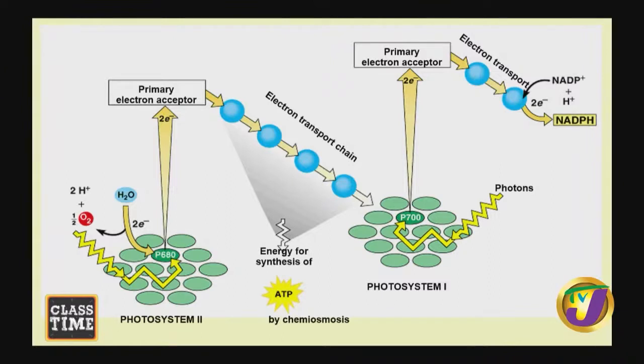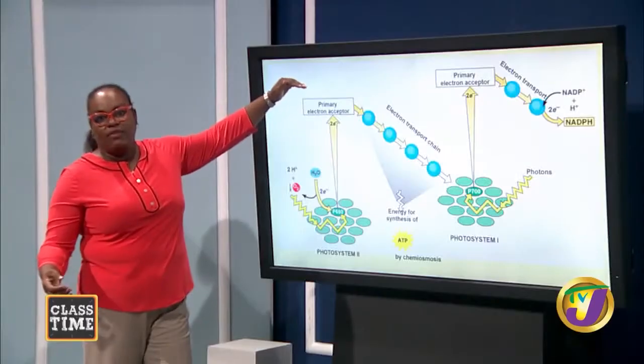Now, when P680 gets excited because of all of this energy coming from the accessory pigments, which are the other pigment molecules in the system, and also from the sun, 2 electrons get promoted to a higher energy level.